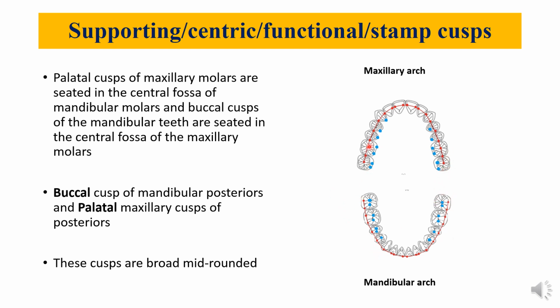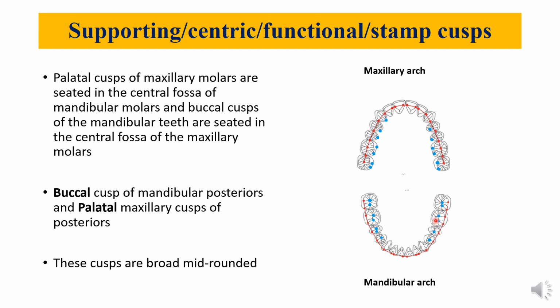If we go with the blue dots, let's start with the maxilla itself. The palatal cusps are called the functional cusps. Why? Because when we bite or occlude, these palatal cusps fall into the central fossa of the mandibular tooth.